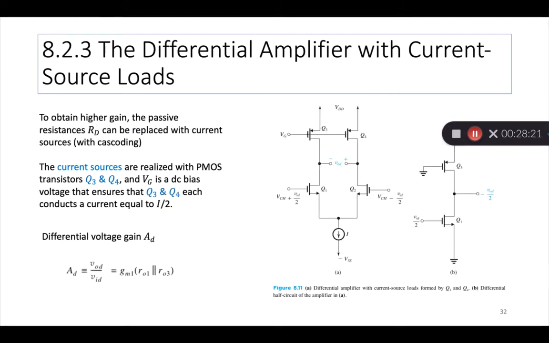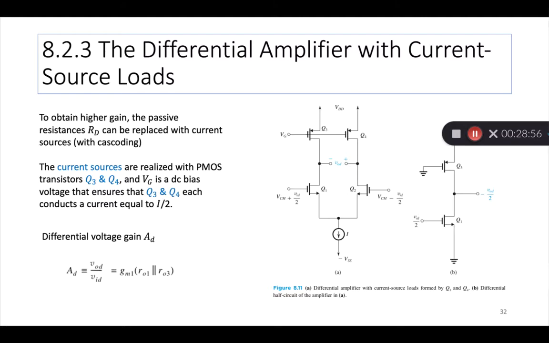All right. Moving on to the next topic, we are still on the differential amplifier, but now we start to add some of the more advanced things that we have learned, such as current sources, current source load, and then cascading. I'm sure you remember, or maybe you've forgotten entirely, but a couple of weeks ago we studied what current source loads are.